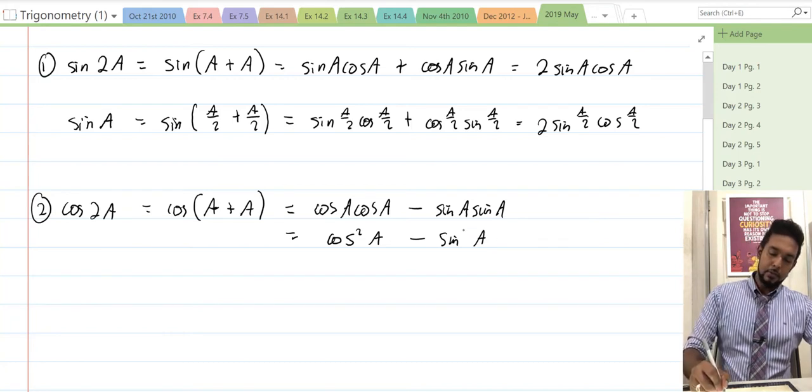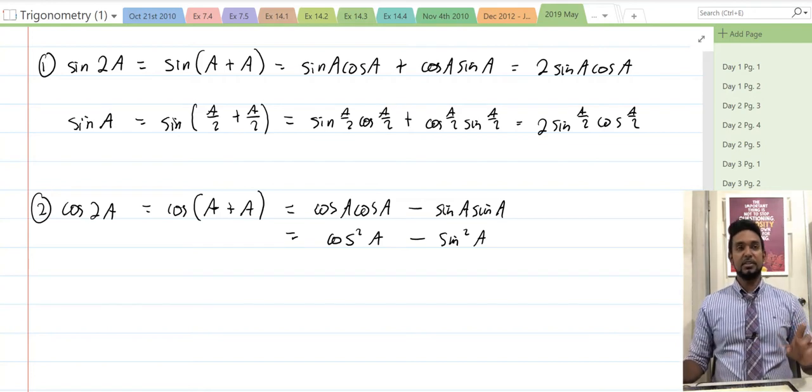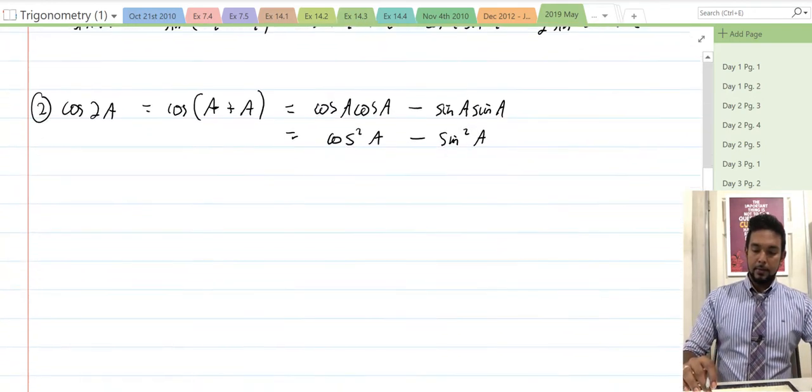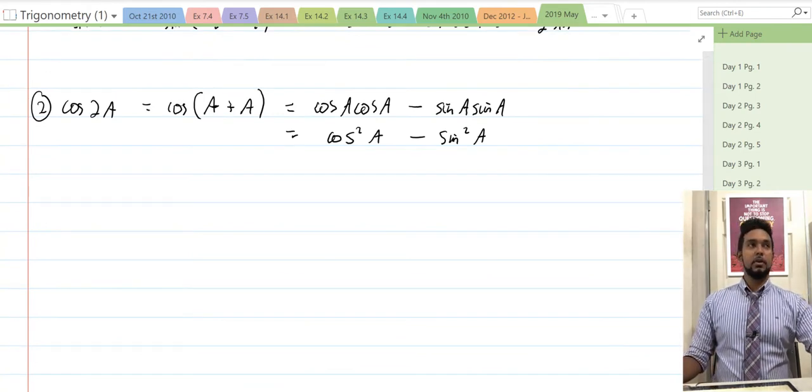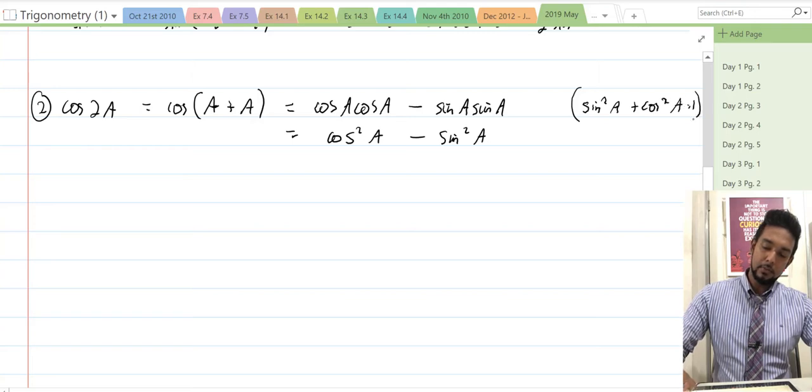Alright, now I can show you the same thing with the a over 2 or whatever the case is, but I want to show you something a little more involved here. And what is our first trig identity apart from sine over cos is tan? Our first identity is sine squared plus cos squared is equal to 1, right? So sine squared a plus cos squared a is equal to 1.